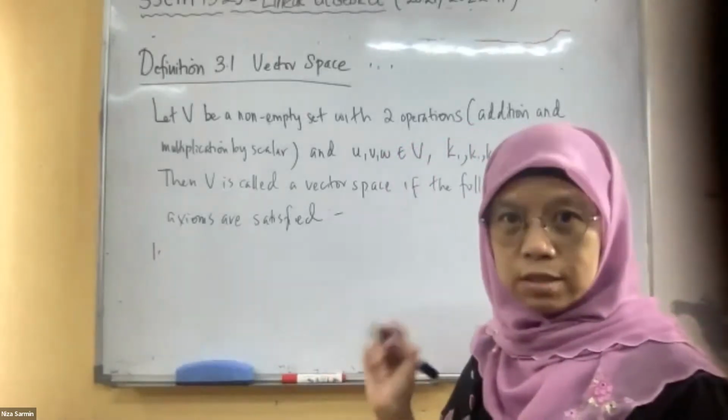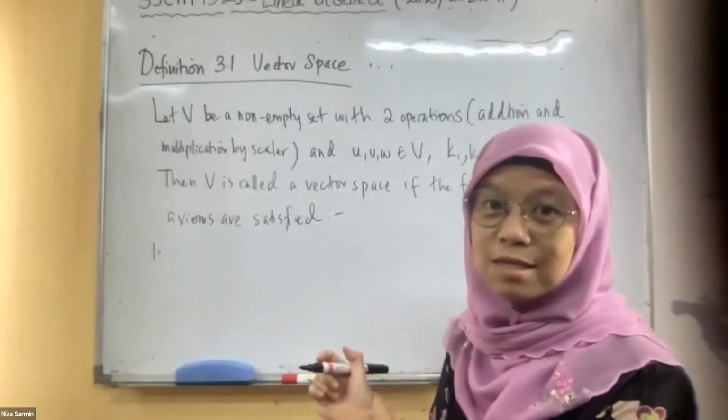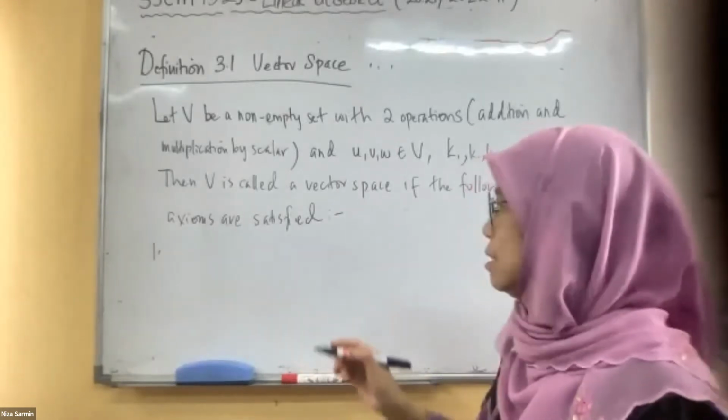So V is a vector space if these 10 axioms are satisfied. What are the axioms? Axioms means the properties of the set.